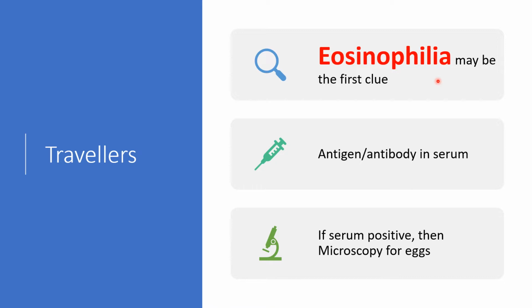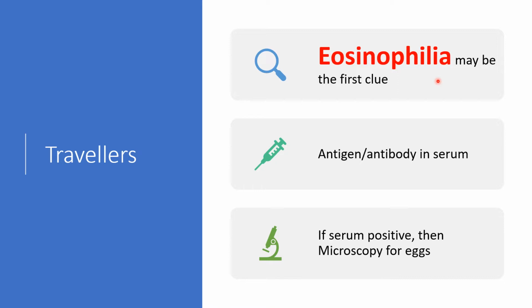A patient is before me for something else entirely. Then, complete blood count has been done with differentials, and there is high level of eosinophils. Other possible causes of high level of eosinophils have been ruled out. Then, the next thing is history of traveling.